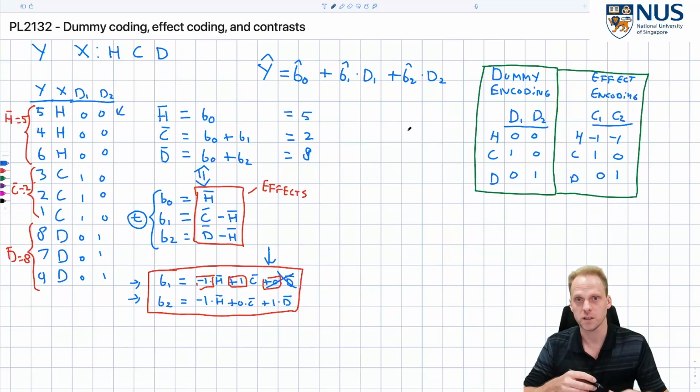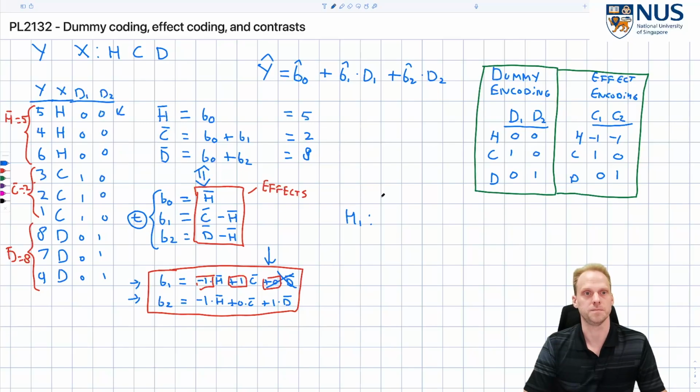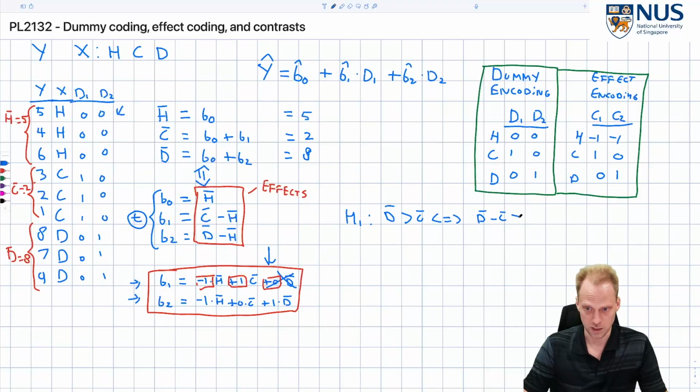Now, a very interesting thing here is that after I estimate my model or my parameters, I might be interested in a different effect than I encoded in the original dummy variables. So let's say, for example, I'm interested in the hypothesis that the mean of dogs is higher than the mean of cats, which also translates to the hypothesis that the mean of dogs minus the mean of cats is larger than 0.